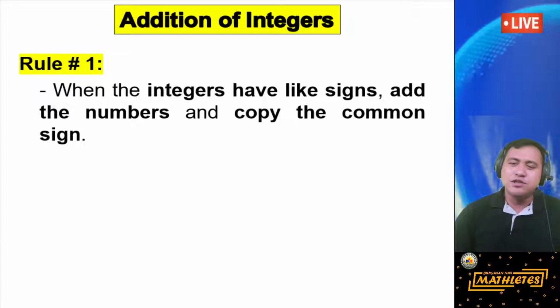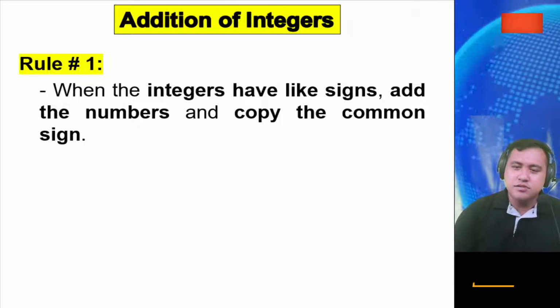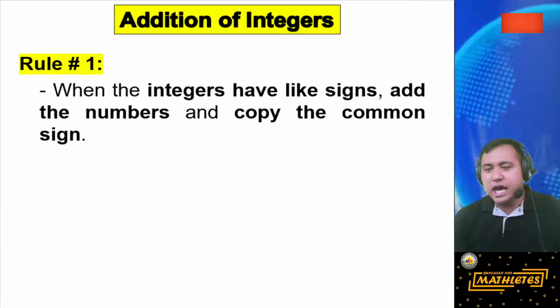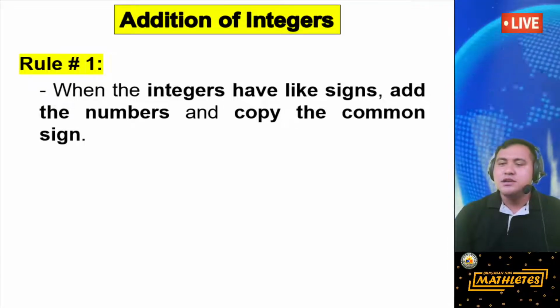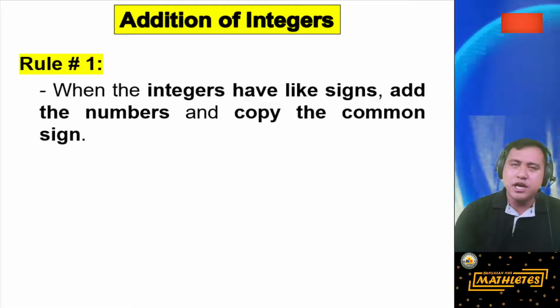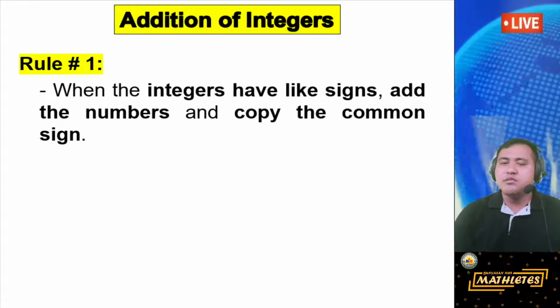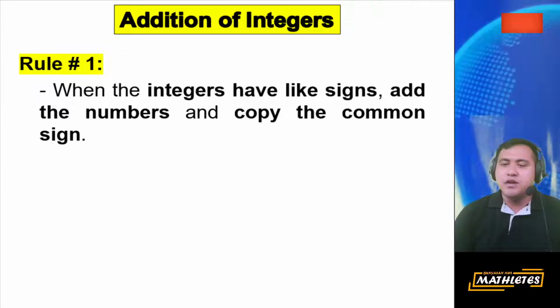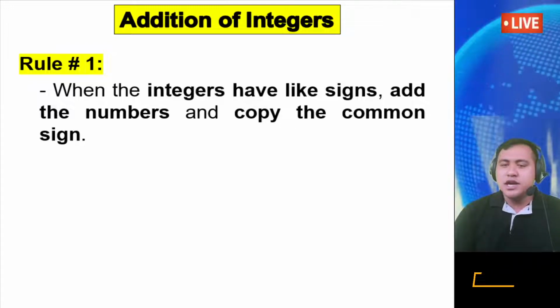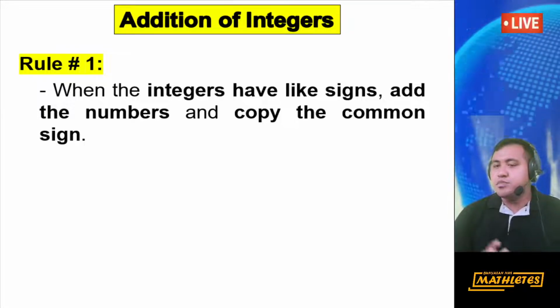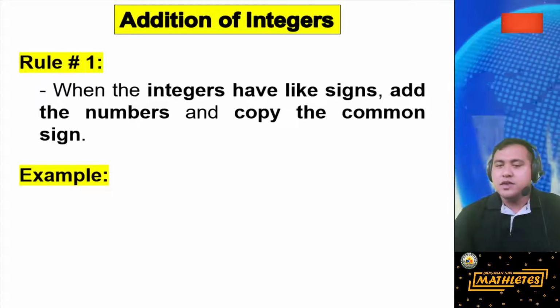So in short, when you are going to add integers who have the same sign, pareho og sign, pareho sila negative, pareho sila positive, ang resulta is you are going to add the numbers, then copy the common sign.